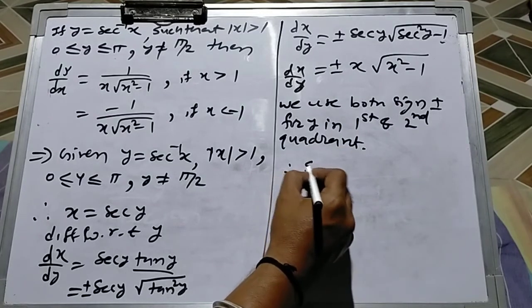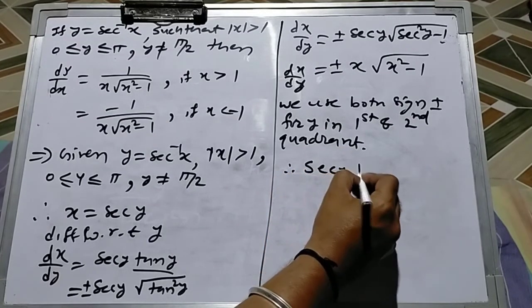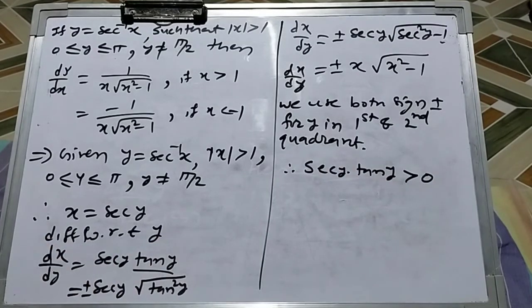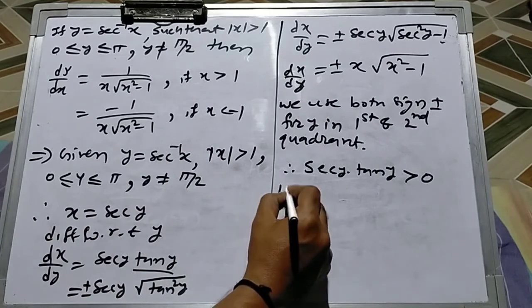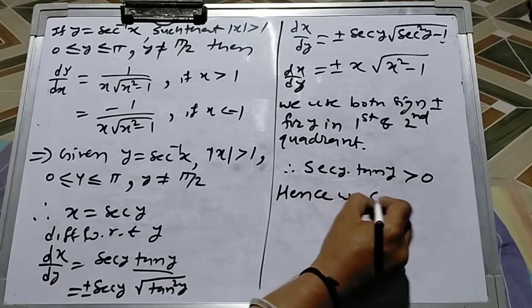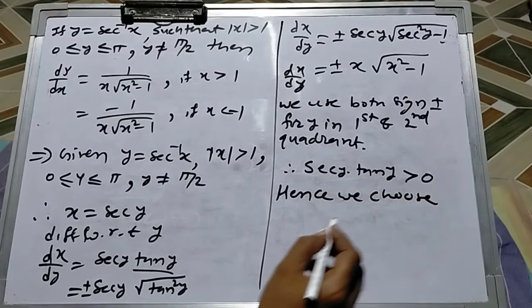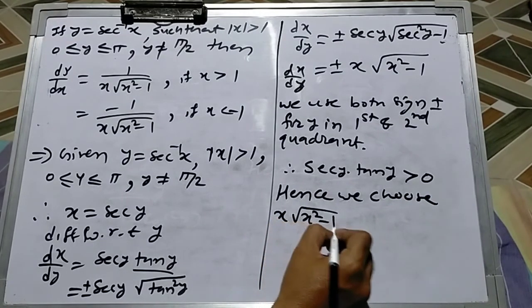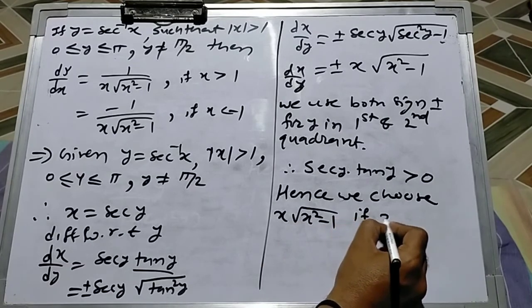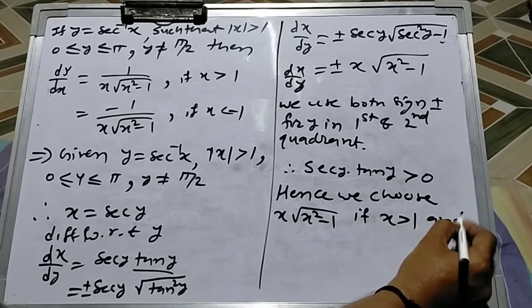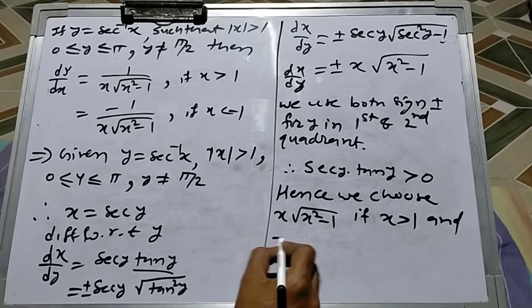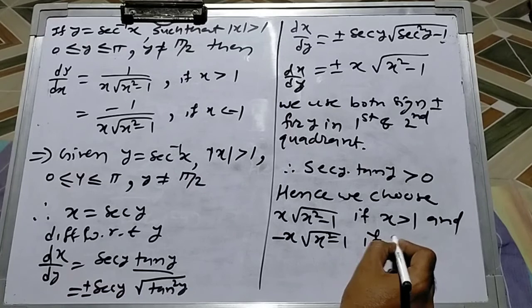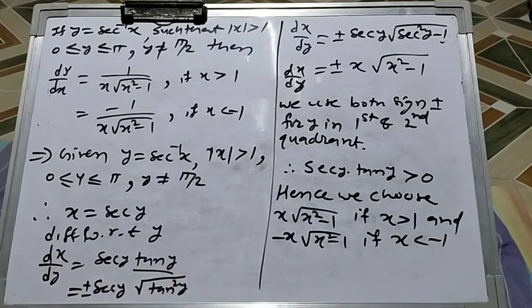So therefore here sec y tan y is greater than 0. Hence we choose x√(x² - 1) if x > 1 and -x√(x² - 1) if x < -1.